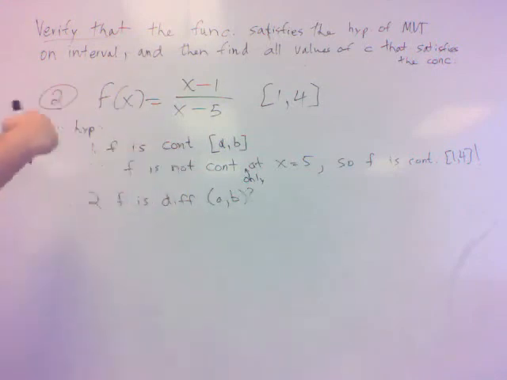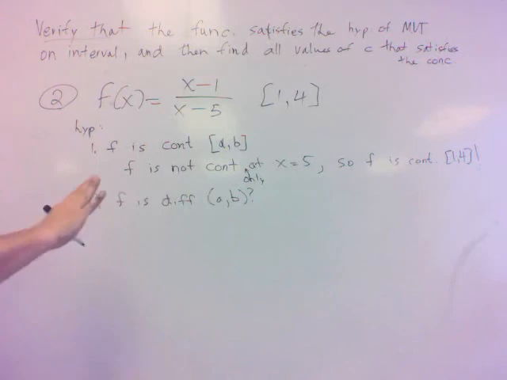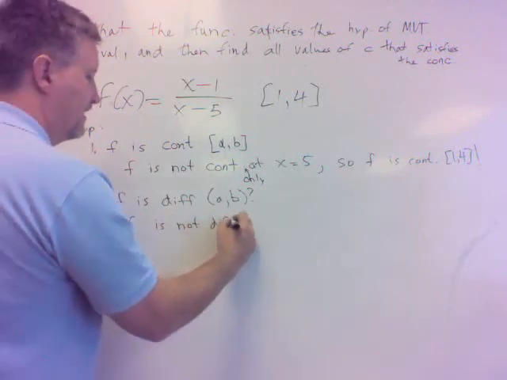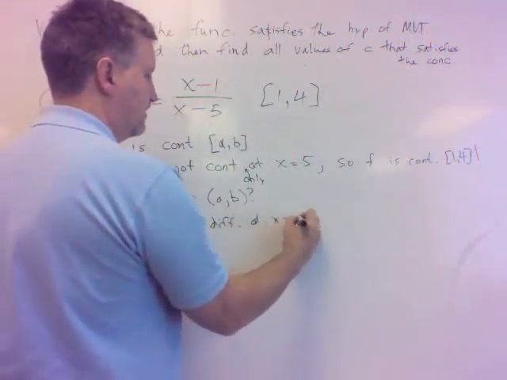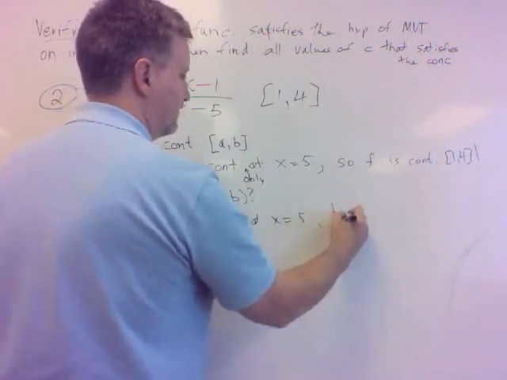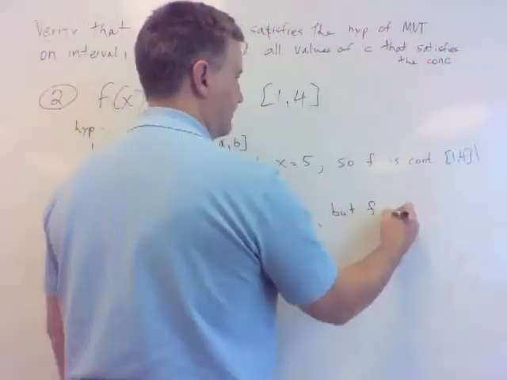It's smooth everywhere else, but it's broken up at 5. So f is not differentiable again at x equals 5. But that's okay because we're only going 1 to 4.